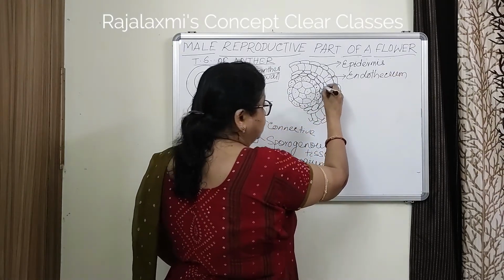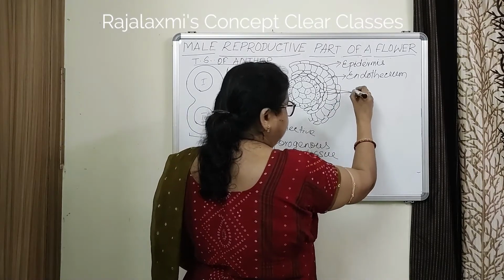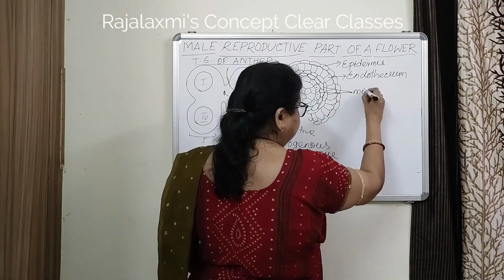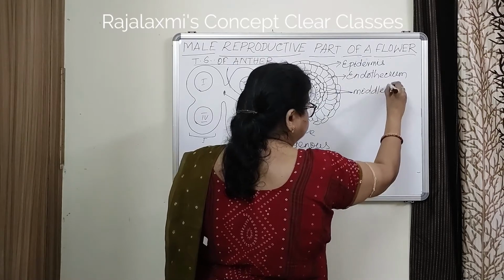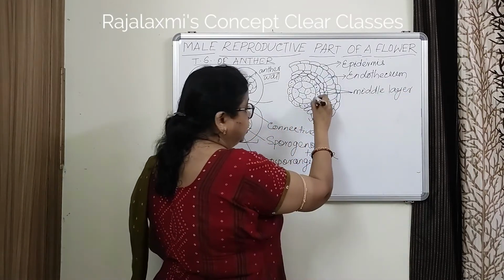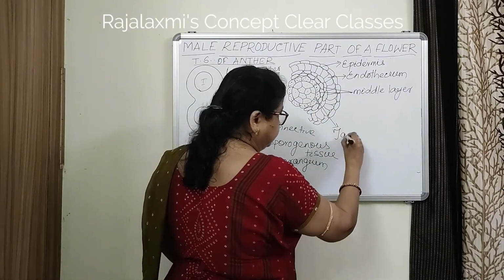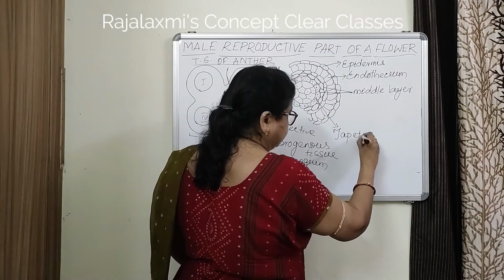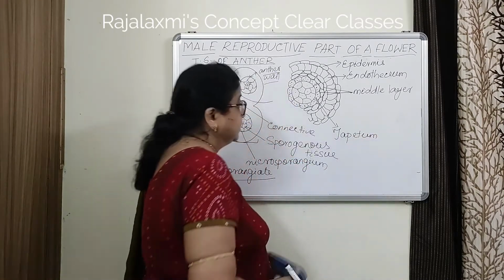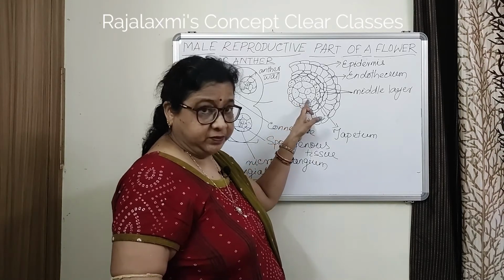Then there are 2 to 3 thin walled cell layer known as middle layer. And the innermost layer is known as tapetum. This tapetum completely surround the microsporangium.